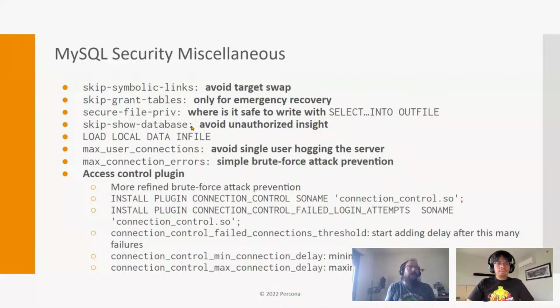If you have a weird database name and I can gain access to it, I can tell you, oh, hey, can you give me the password to this database name? And you will say, okay, if he knows the name, he's probably an employee. Or it helps me impersonate others, or build that impersonation of someone else. And it could be important data. So skip-show-database avoids unauthorized insight of what could be sensitive data to build an attack.